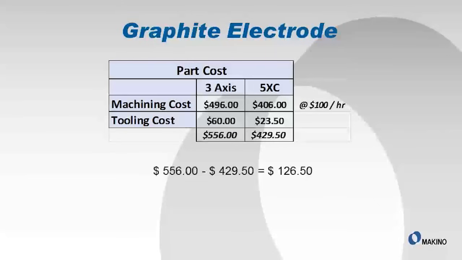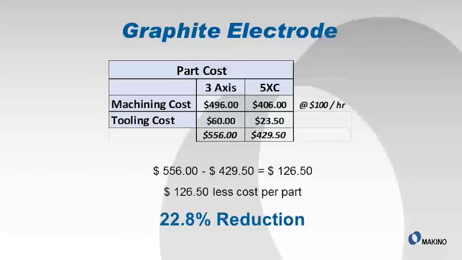So we're looking at $556 versus $429.50 at $100 an hour. So there's a difference there of $126.50 per part. On a cost basis, we've taken almost 23% of the cost out of that graphite electrode.